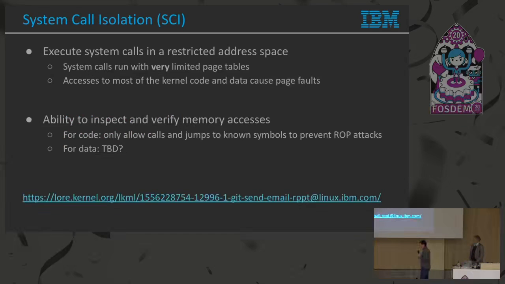So what we tried first is to create a restricted address space for execution of a system call. It builds on the technology PTI introduced into the Linux kernel, where the kernel mappings are very much restricted for the user space and part of the application.